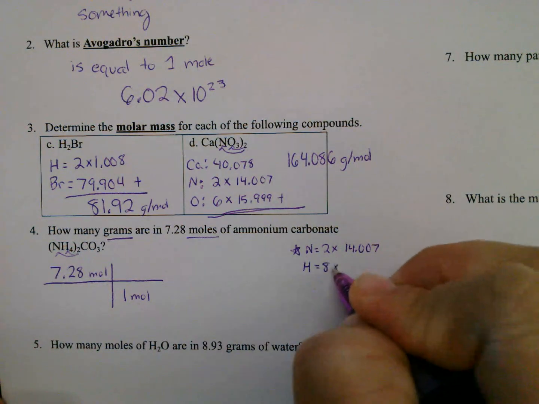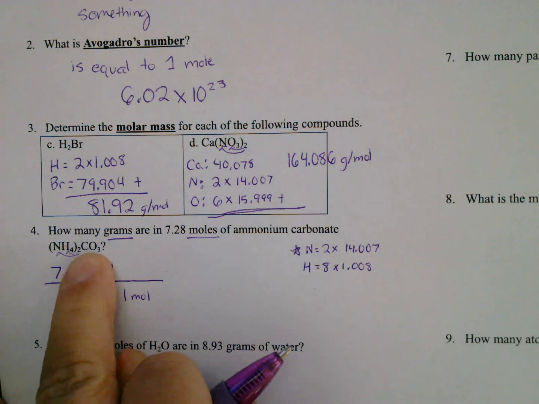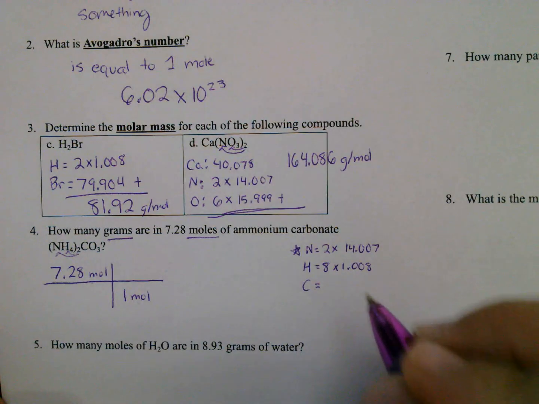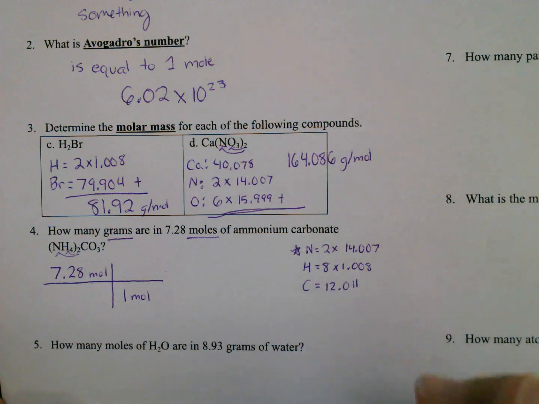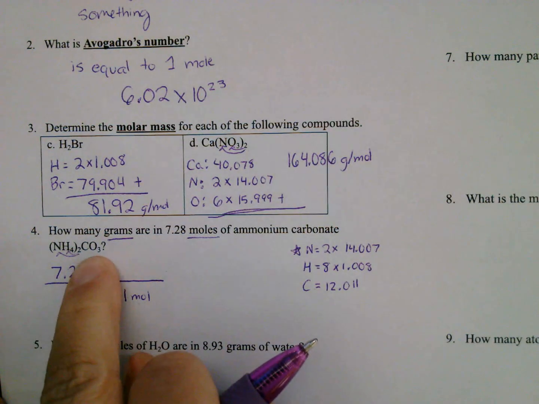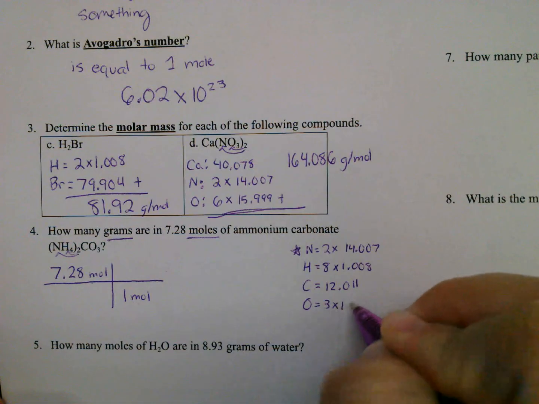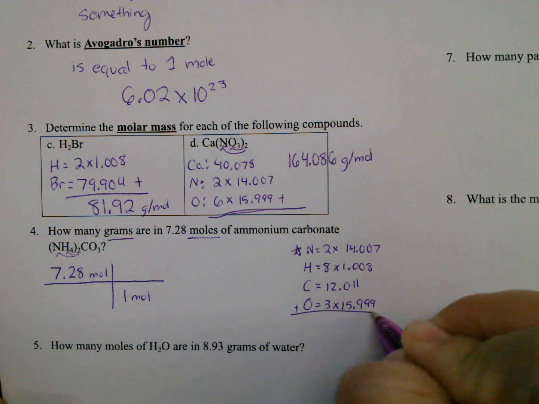I have 8 hydrogens times 1.008. For carbon, it's just 1. Carbon on the periodic table is 12.011. And then for oxygen, I have 3. And oxygen is 15.999. So I'm going to add those all up.